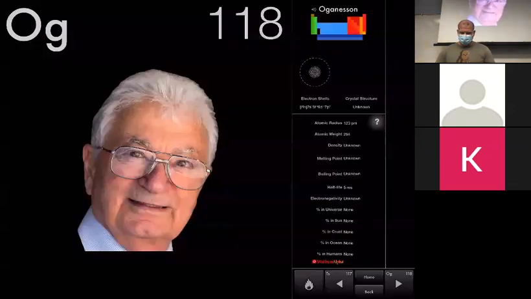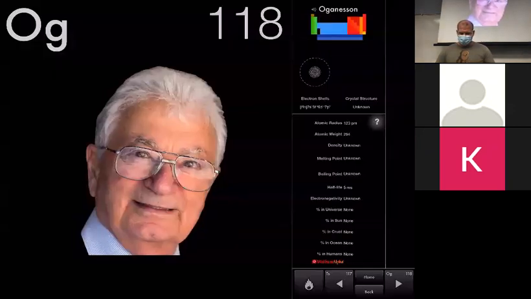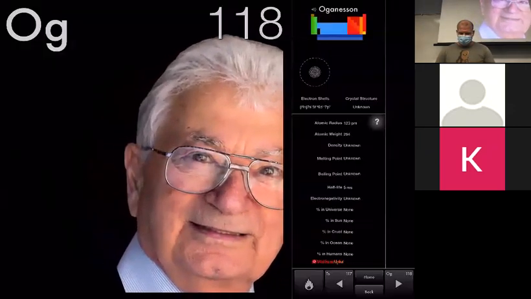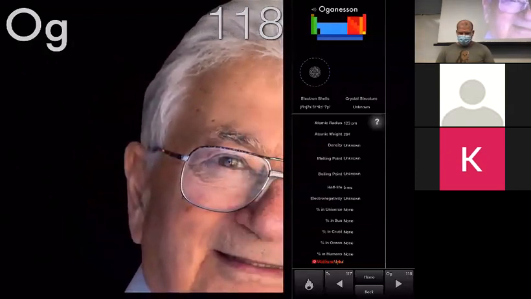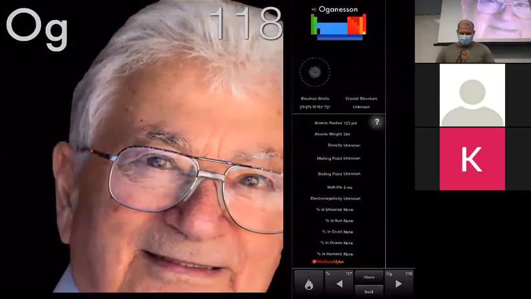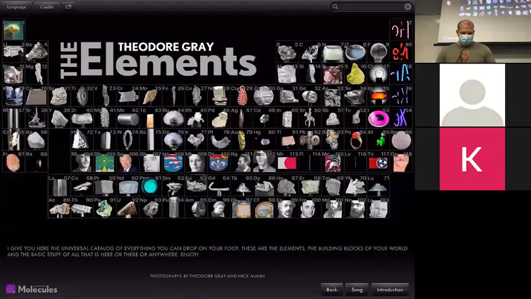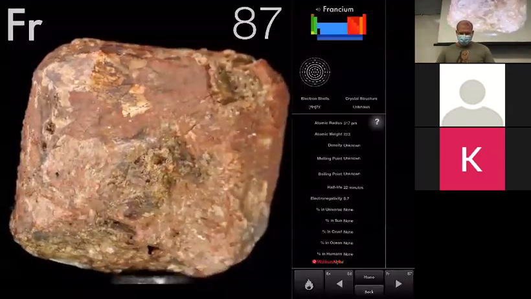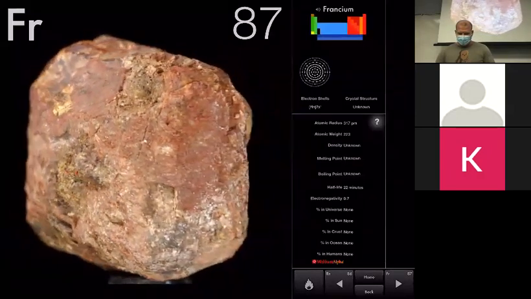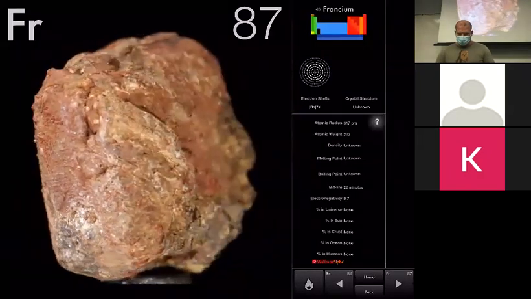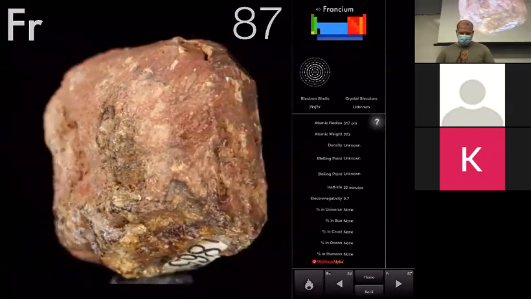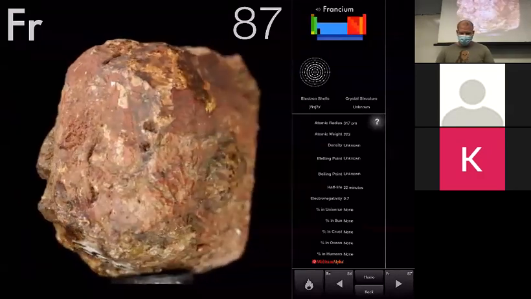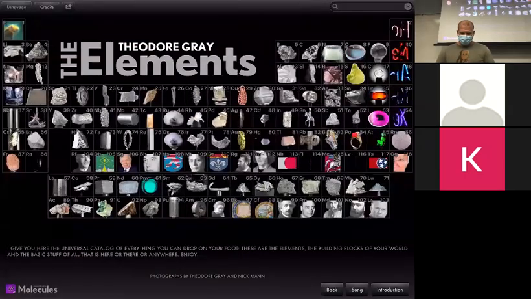So the super heavy elements don't have long half-lives. Oganesson has a half-life of 5 minutes. Poor guy. I feel sorry for francium. Here's francium, with a half-life of 22 minutes. The element we named after France is not very usable at all.